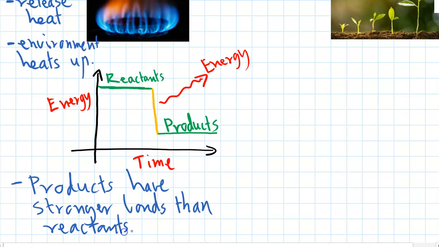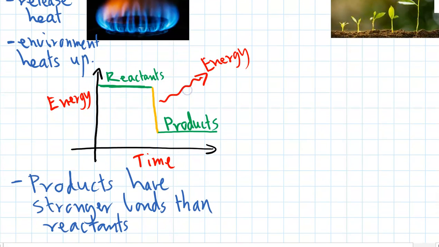And what that means is that it's hard for the products to actually be part of a reaction in the future. And if you think about it, it makes sense. So after a fire, you've got charcoal left over, and it's really hard to actually burn charcoal to make it become anything, because it's much more stable than the wood or the fuel was at the start.